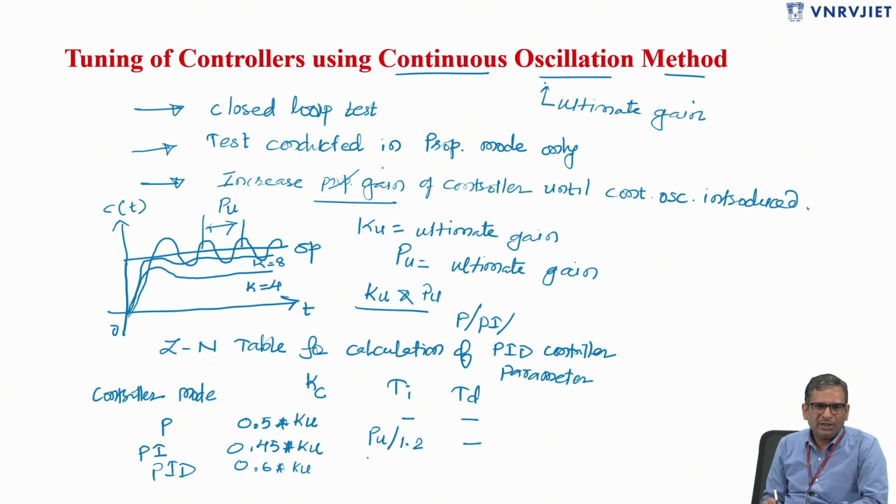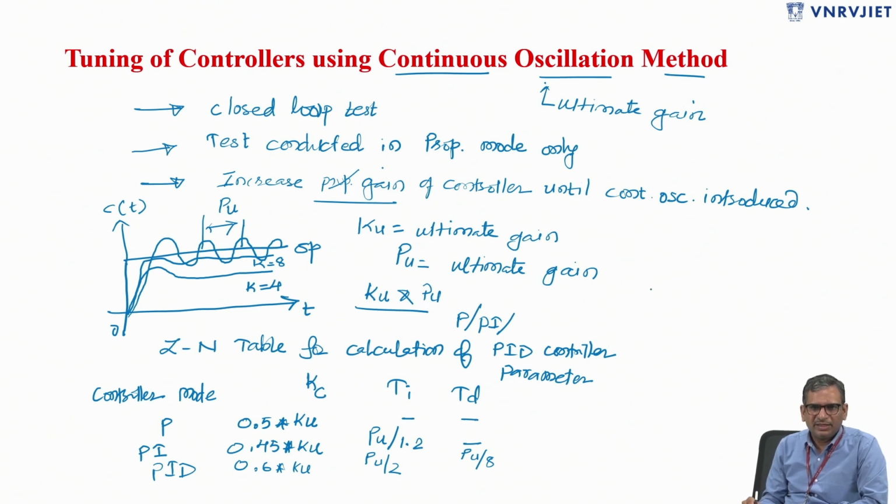For the Ti value of the PID controller, the integral time is Pu by 2, and for the derivative time, it is Pu by 8. So once we substitute Ku and Pu values in the Ziegler-Nichols table, we can find the Kc, Ti, Td parameters for a given process.